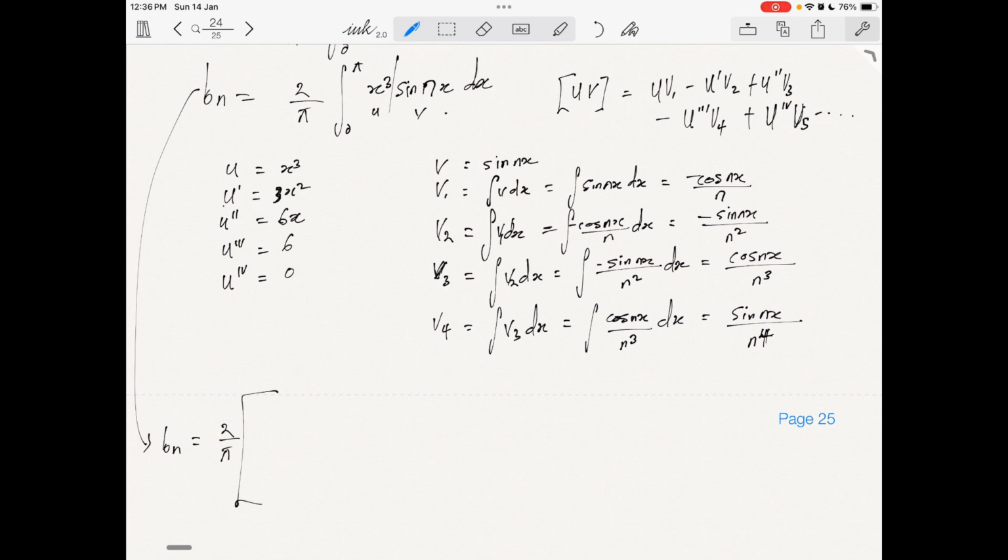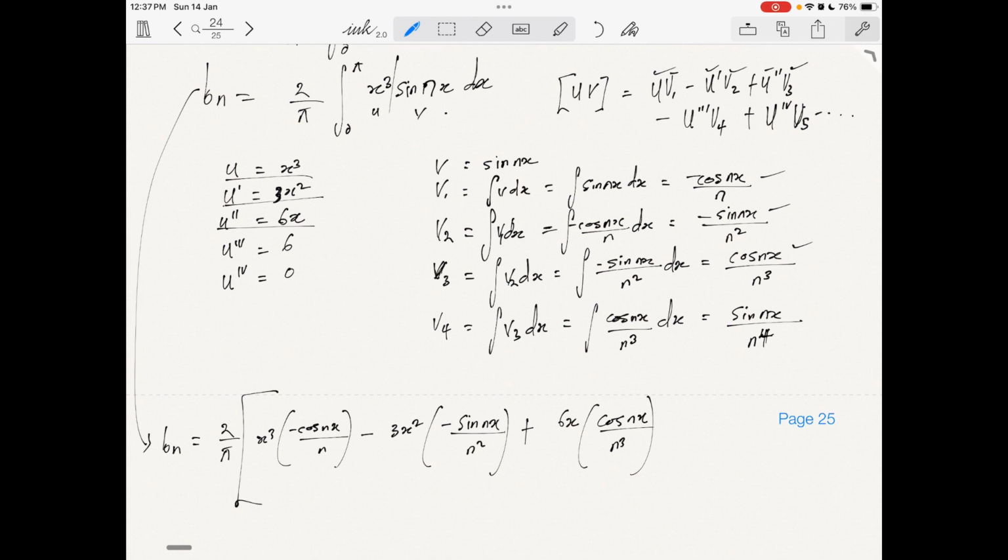Now integrating uv, we have u, x raised to power 3, times v1, minus cos nx over n, minus u prime, 3x squared, times v2, minus sine nx over n squared, plus u double prime, 6x, and v3, cos nx over n cubed, minus u triple prime, 6, and v4, sine nx over n raised to power 4. This is from a limit of 0 to pi.